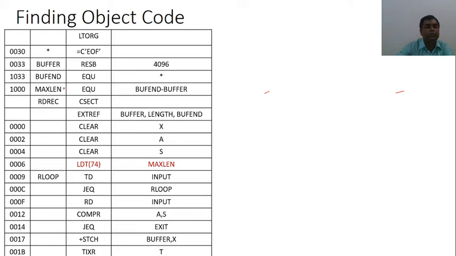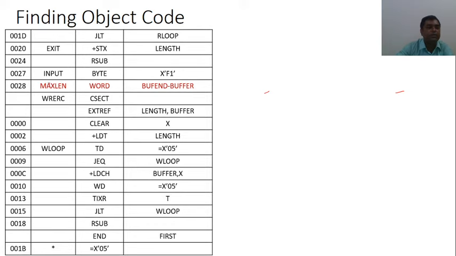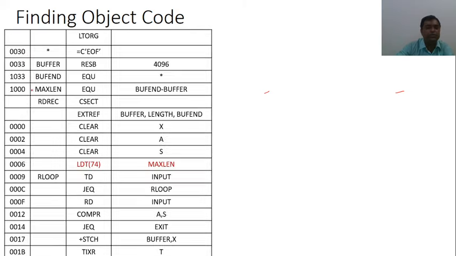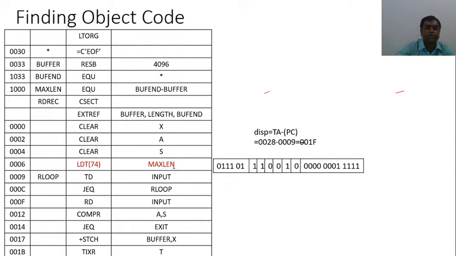So which value will be preferred? The value of MAXLEN that is defined in this control section will be preferred. And what is the value of MAXLEN in this control section? That is 0028. So the target address will be 0028.